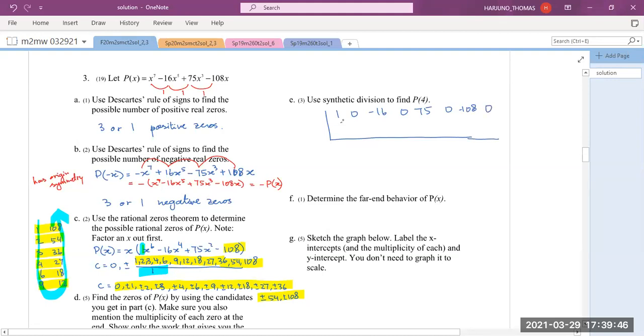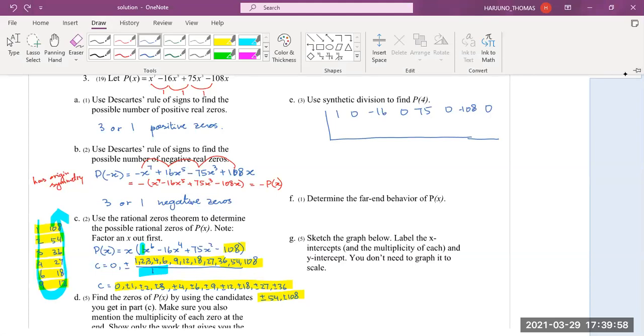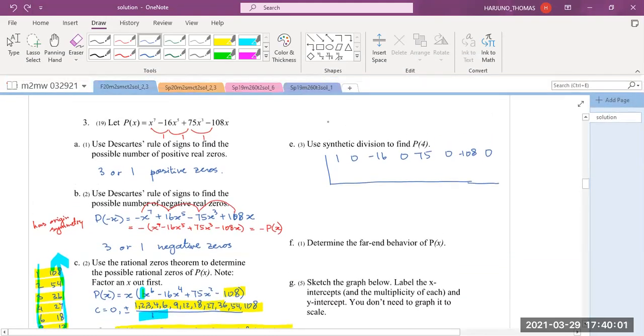Degrees 7, 6, 5, 4, 3, 2, 1, constant. And then I will find P of 4, so 4. We expect this to be a very big number.